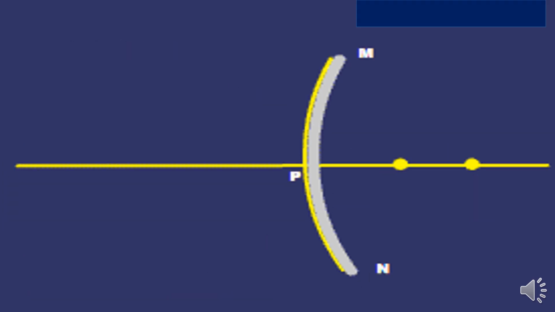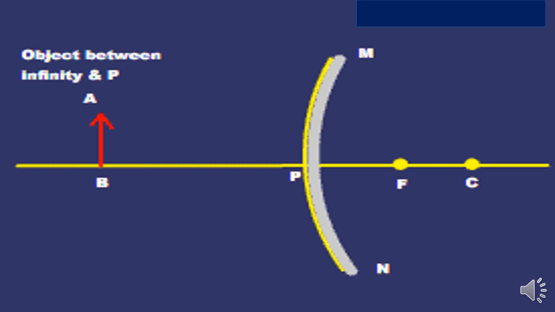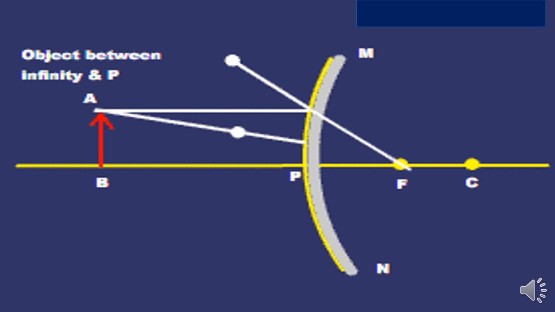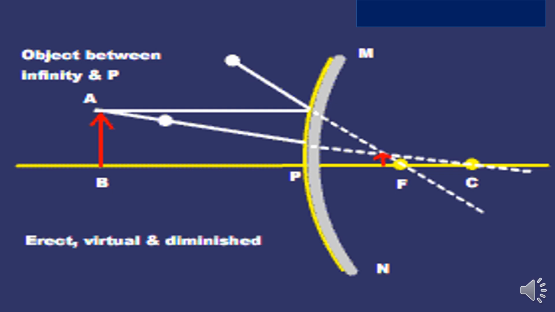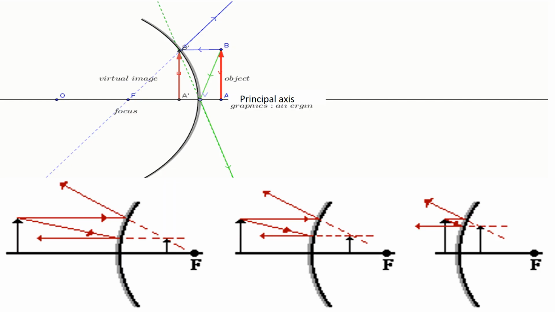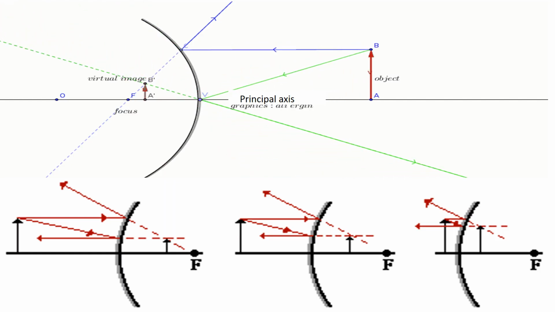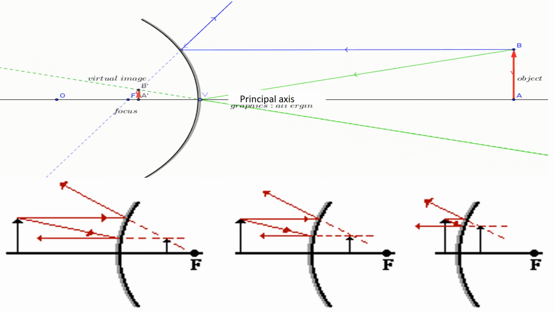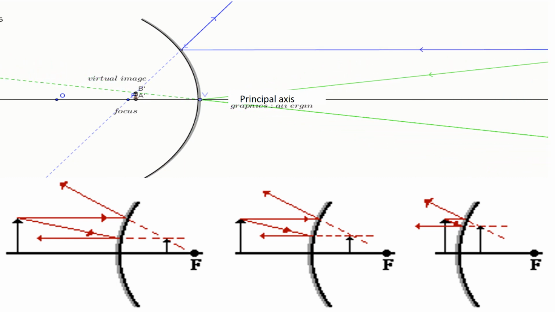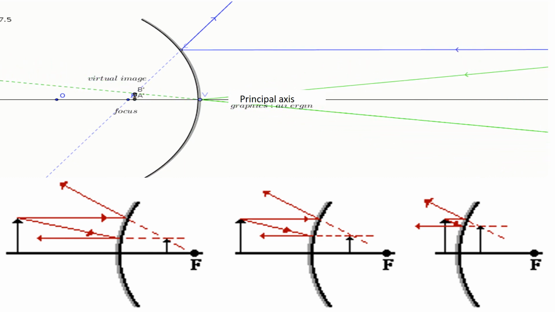When an object is placed between infinity and the pole of the convex mirror, a virtual, erect, diminished image is formed between the pole and the principal focus behind the mirror. At any position of the object in front of a convex mirror, a virtual, erect, diminished image is formed behind the mirror.